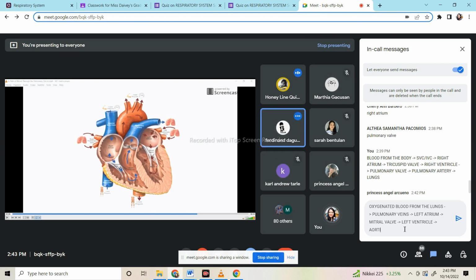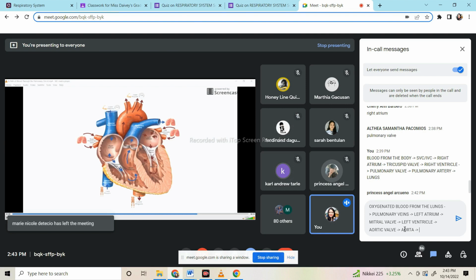Very good, aortic valve. And then next, aorta. Ascending or descending, that is correct. And then, of course, to the different parts of our body.